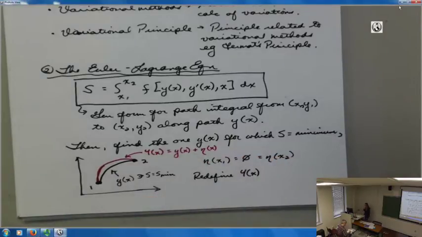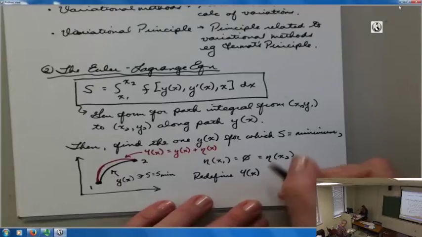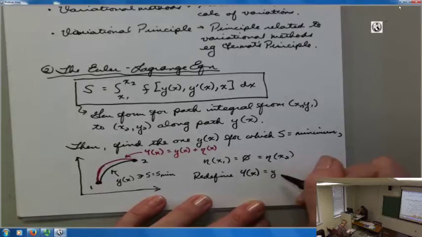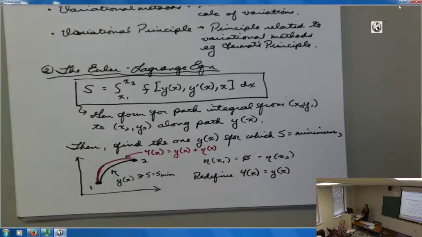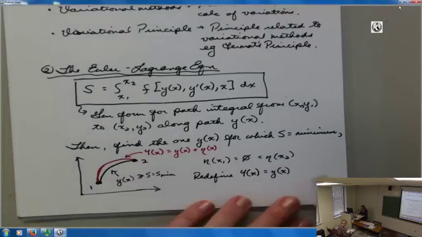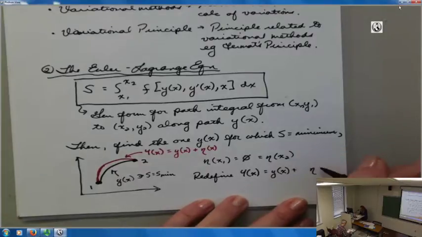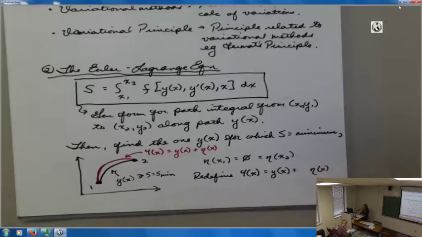Capital Y as a function of x is y of x, the correct path that has the minimum value of the integral I'm interested in, plus alpha times eta of x, which I've already talked about.